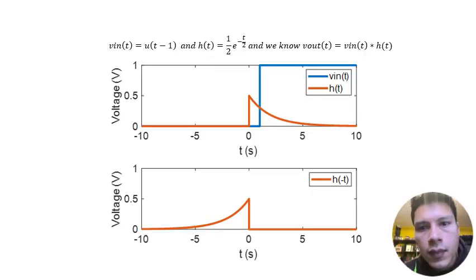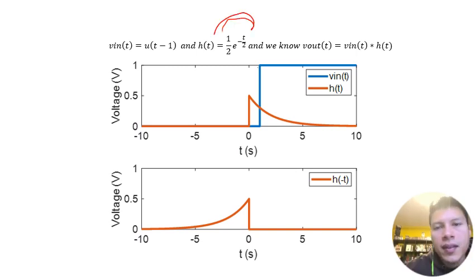Let's for now assume that our impulse response is this one here, so it's different from the one in the previous example. And we know that the output is going to be V in convolved with the impulse response. So here I plot the impulse response, and then I plot the input.